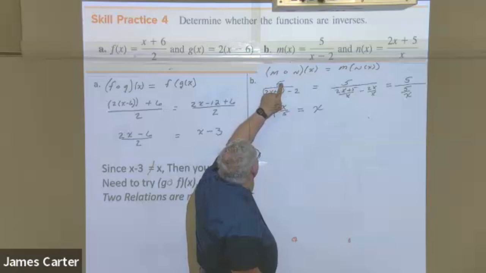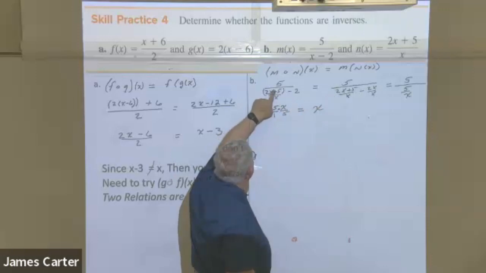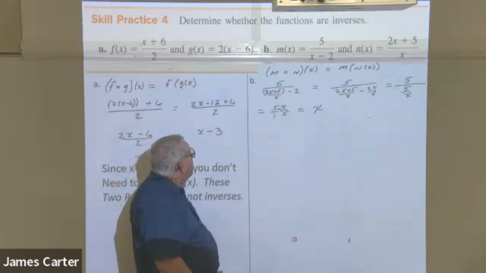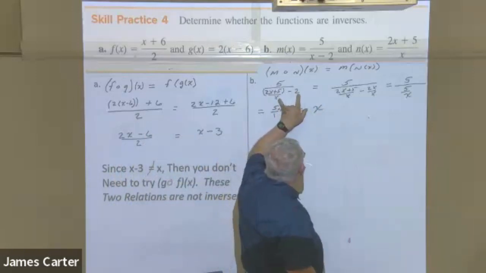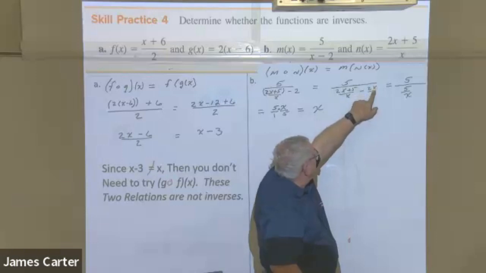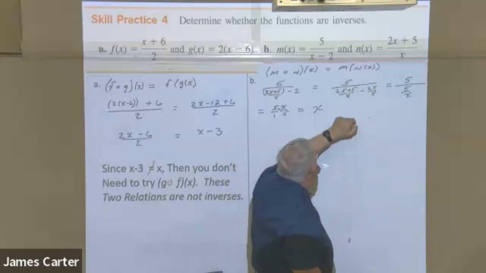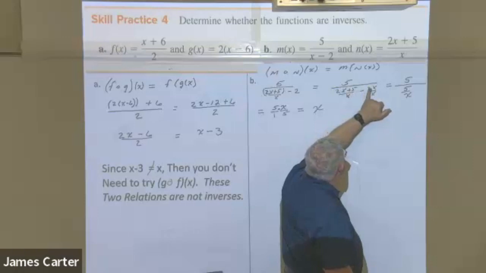Okay. We replace the x in M with 2x plus 5 over x, which means we got a compound fraction. We put a common denominator under this 2 by multiplying it by x over x, which lets us then simplify over x, 2x plus 5 minus 2x.